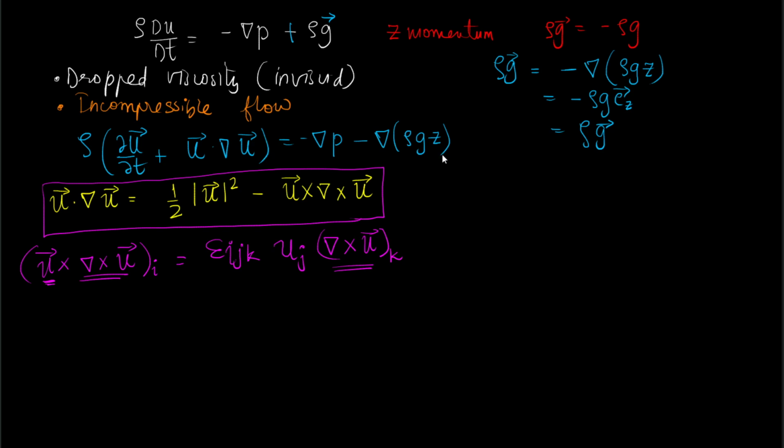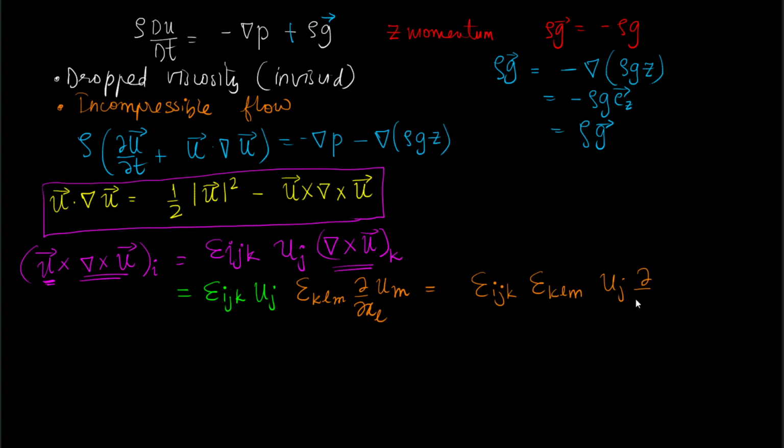Now we can expand this second term further, and we can write it as epsilon ijk uj. Now the second term is, so the kth component of this, epsilon klm del x l um. So now this becomes epsilon ijk epsilon klm uj del x l um.